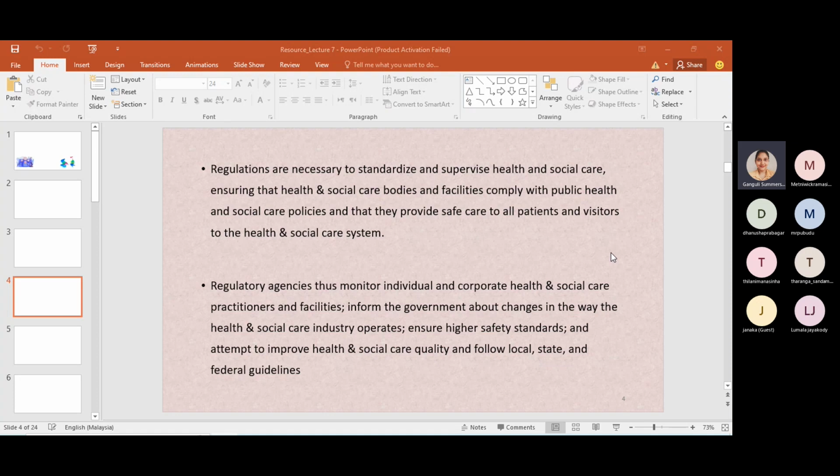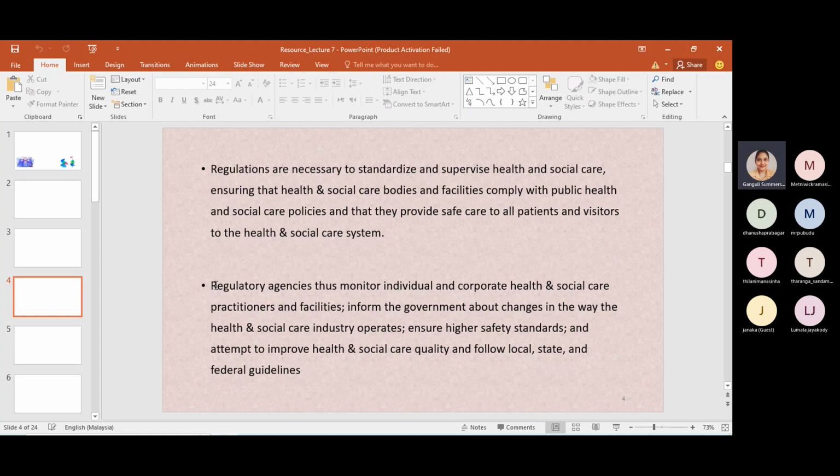That is the reason why we need regulation in the health and social care sector, to make sure that your patients or your visitors or whoever your customers receive a good quality care, a good quality service from the service providers.